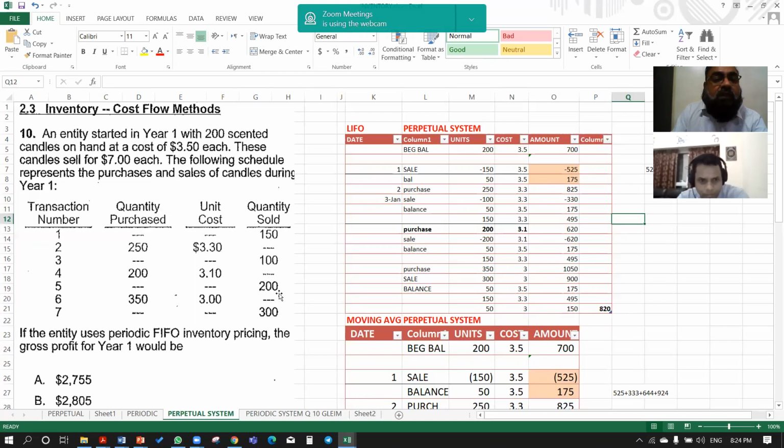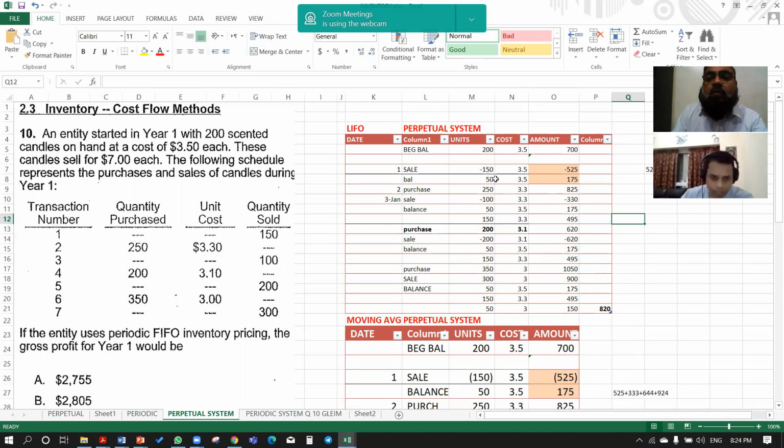They might also tell you the sales price in a later question, just like they're giving unit cost, but that you have to ignore when you're doing inventory costing. Only for the income statement you will consider the sales price. Am I right? Now here we have a question, and there are 6 or 7 entries.